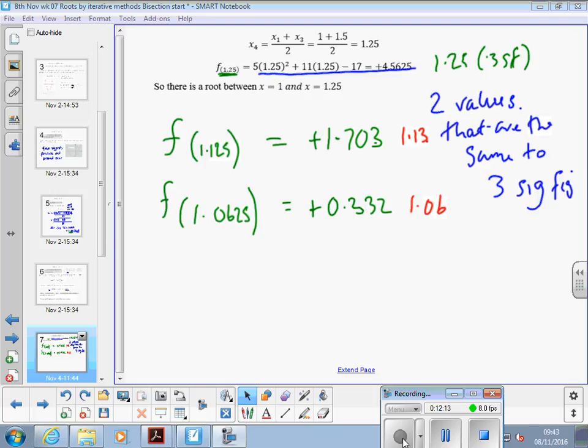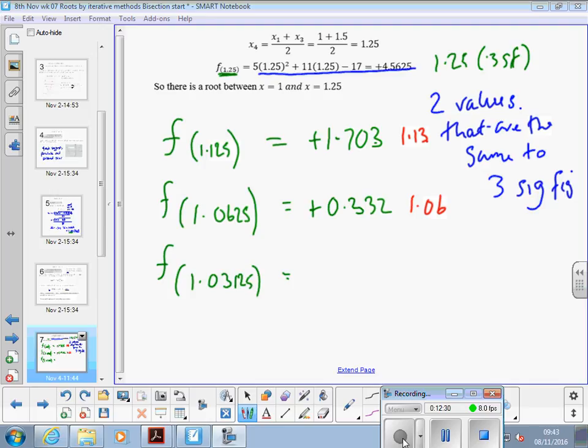Halfway between 1.0625 and 1 is 1.03125.